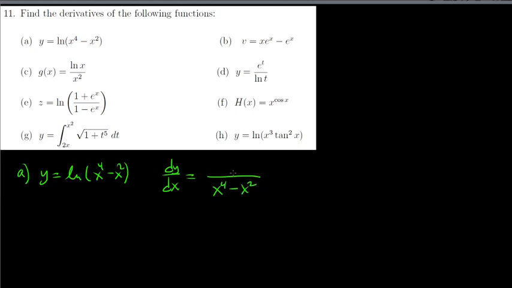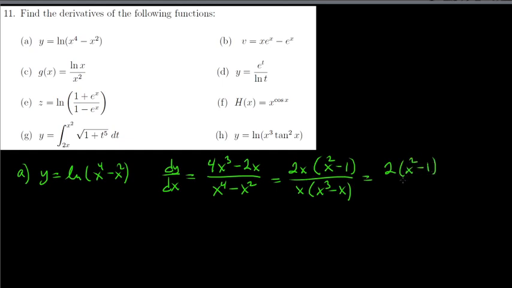And then by the chain rule, you multiply by the derivative, which is 4x cubed minus 2x. And I do believe we can cancel one of the x's here, so we can take out a 2x, and that just gives you x squared minus 1 all over, take out an x, and you get x cubed minus x. So 2 times x squared minus 1 over x cubed minus x.